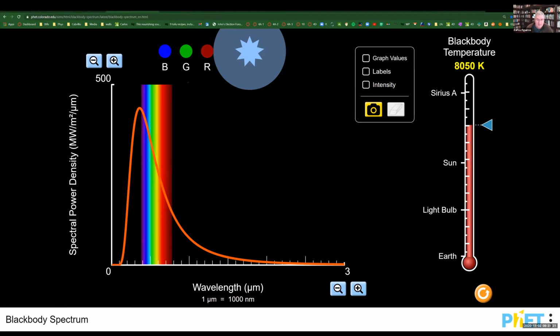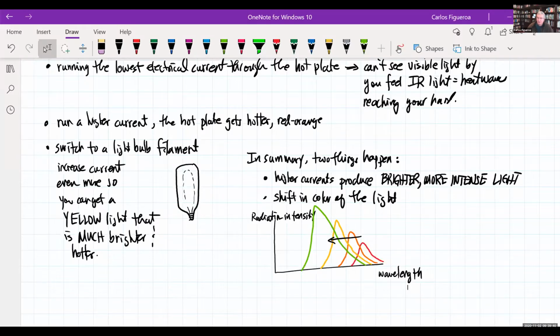I'm going to snag a different image of the radiation curve, just so that I can share this with the screen with you, so you could get a better sense of what I'm trying to point out to you right here. So I'm assuming that you're seeing my screen right now.